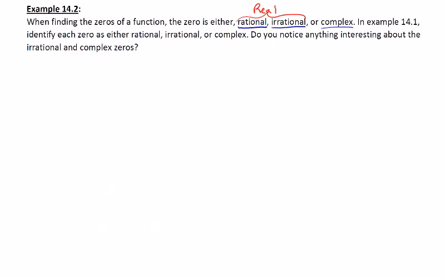So it said, do you notice anything interesting about the irrational and complex zeros? They always appear as a conjugate pair. And there'll be more on that in theorem 14.1 where we talk about the conjugate zeros theorem.